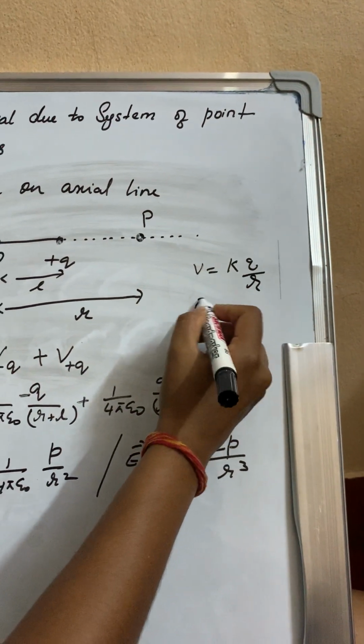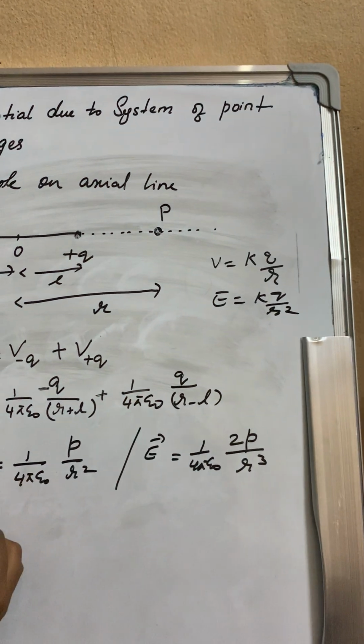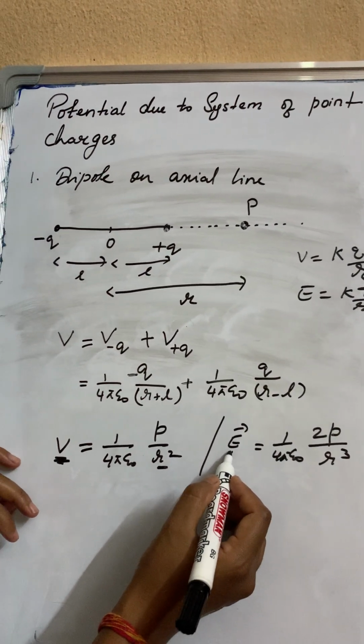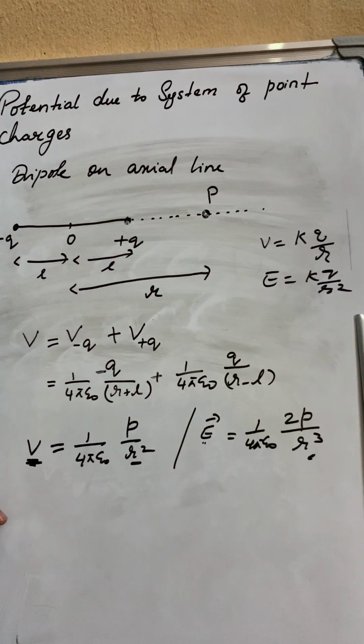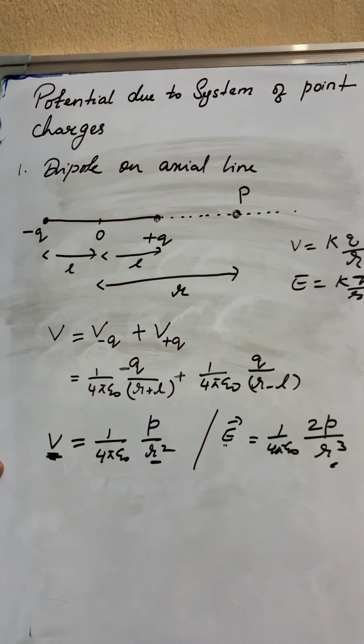That was kq by r, right? Electric field was kq by r square, right? Similarly, in the potential, when r square is involved, for the dipole on the axial line, r cube is involved. So this way it will be easy to remember by heart, I consider.